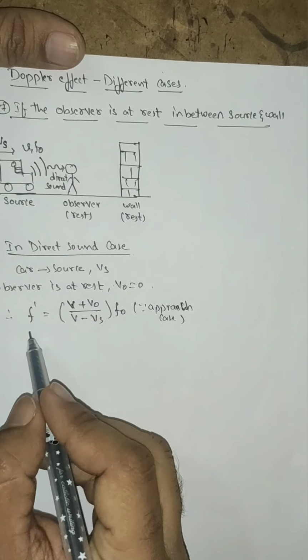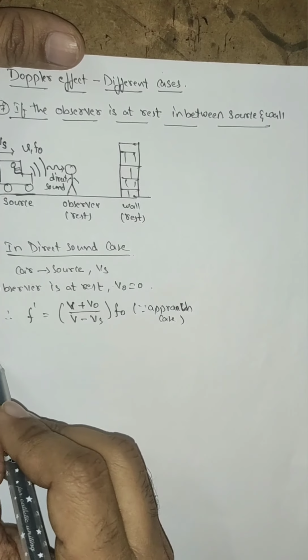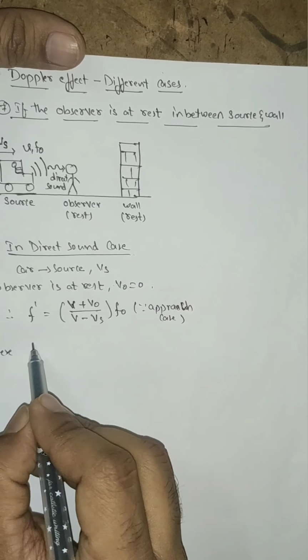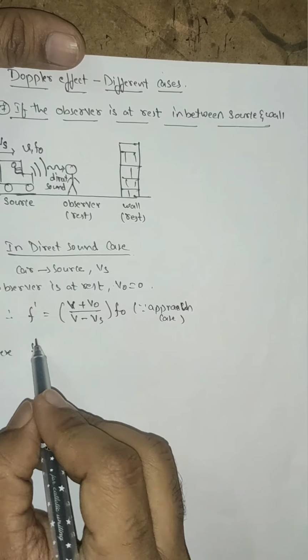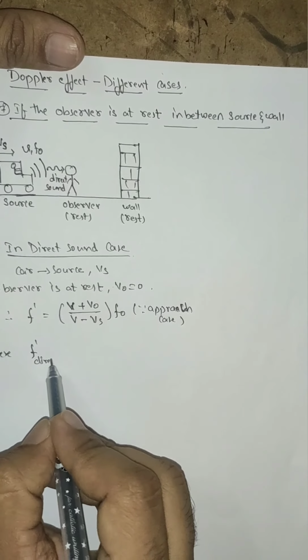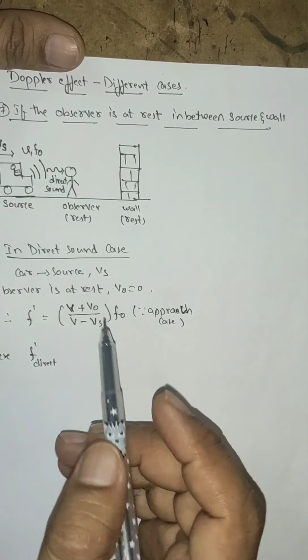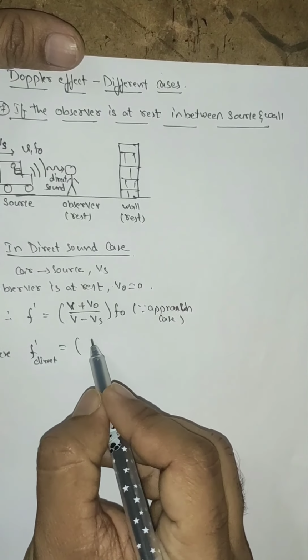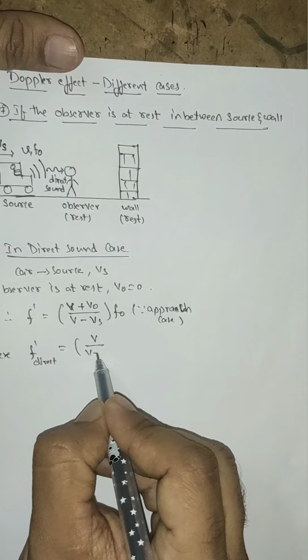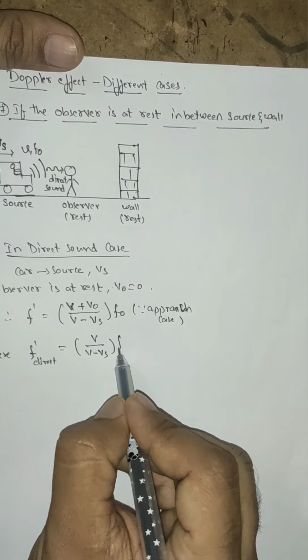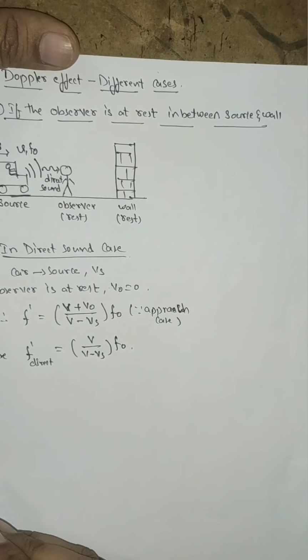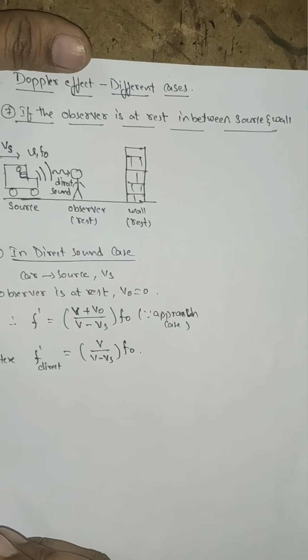Okay, now so therefore here the apparent frequency received by the observer in the direct case is equal to v by (v minus vs) into f0. Right, clear?